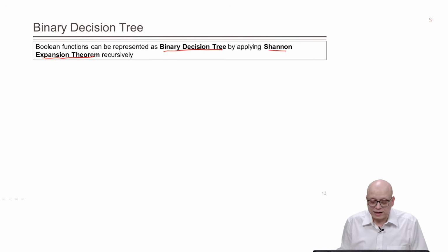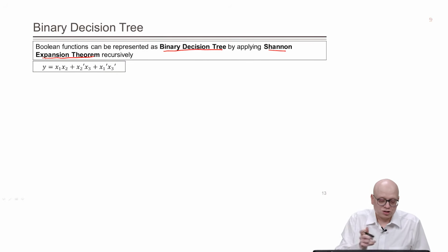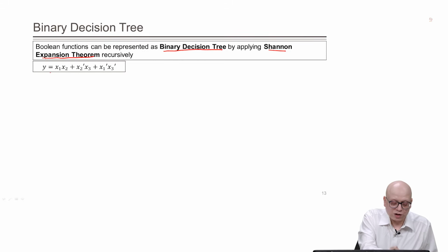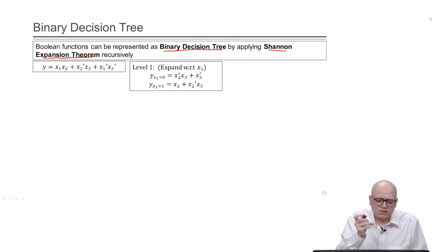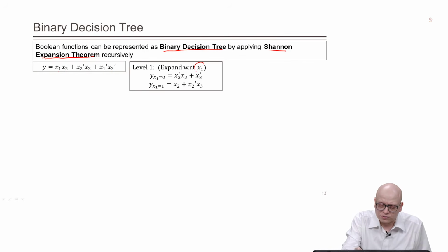Okay. So, let us take an example of how we can build a binary decision tree using the Shannon expansion theorem. Let us take the function y equals x1 x2 plus x2 bar x3 plus x1 bar x3 bar. First, let us expand with respect to x1.